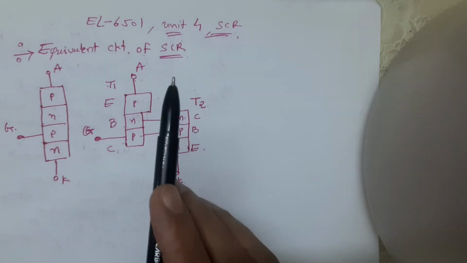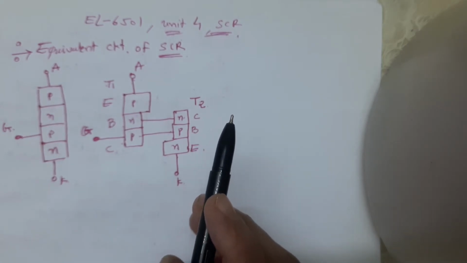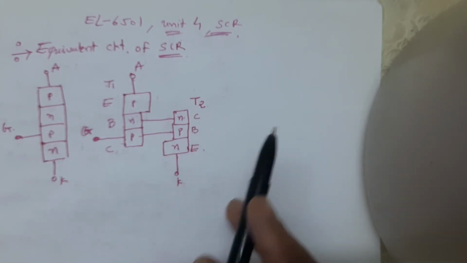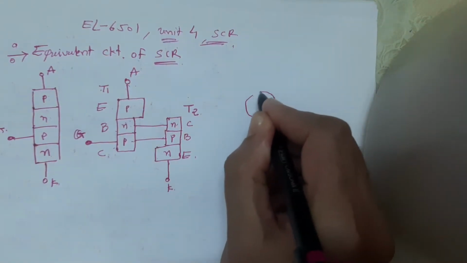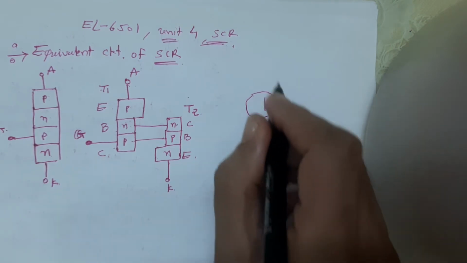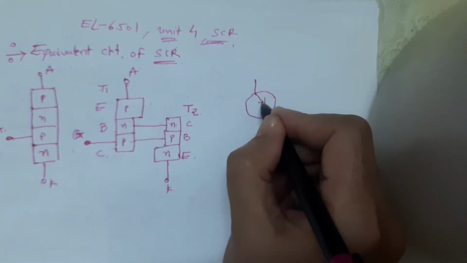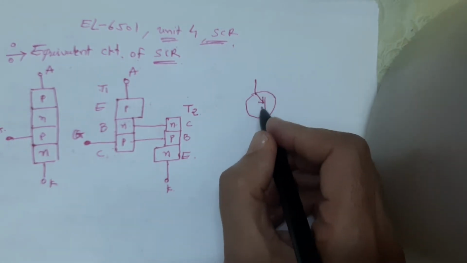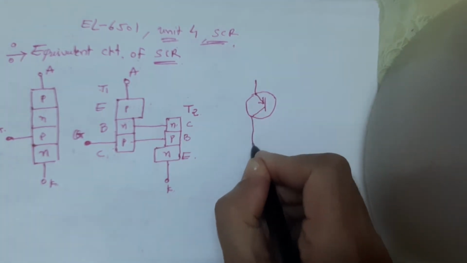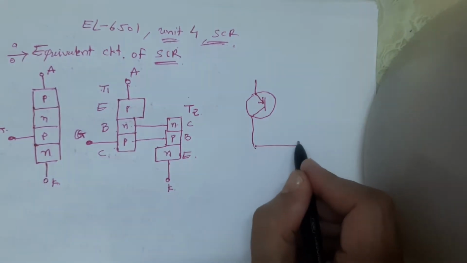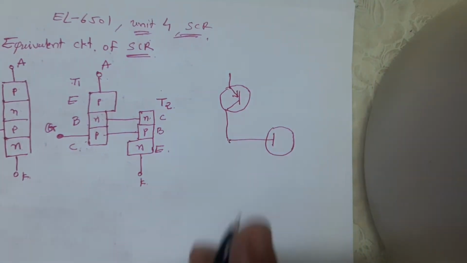That means the base of the first transistor is connected to the collector of the second transistor. In the circuit form, we can say that this is your first transistor, base, this is your emitter, and this is your collector. This collector is connected to the base of the second transistor.